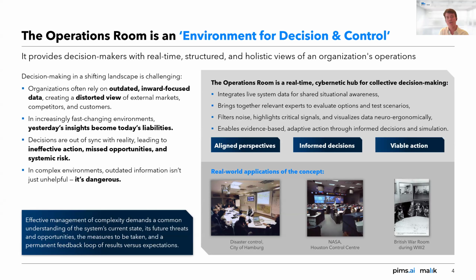An operations room is an environment for decision and control, a space where decision makers can be together and share a real-time, structured, holistic view of the system that they are steering. In this environment, we can filter out the noise in favor of surfacing critical signals, things that are important, and options and paths forward can be evaluated together as a group against the same picture of reality.